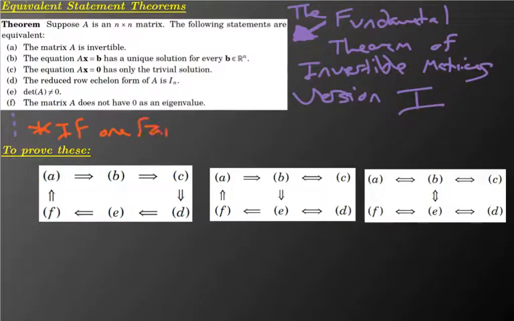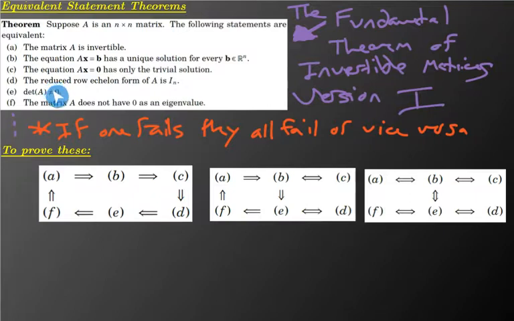if one fails, they all fail. Or vice versa. The idea being, take this: if the determinant of the matrix actually equals 0, which is the negation of that, right? Then we could say that the matrix A is non-invertible, all right?